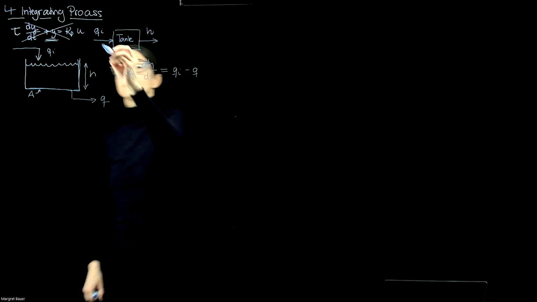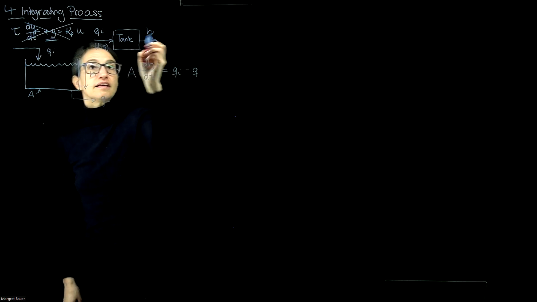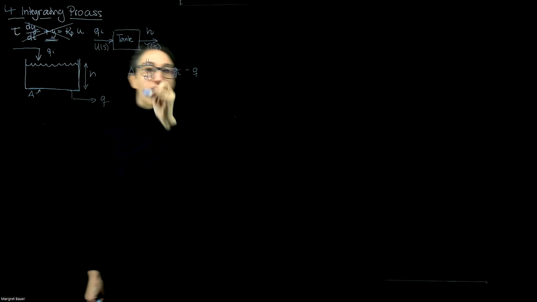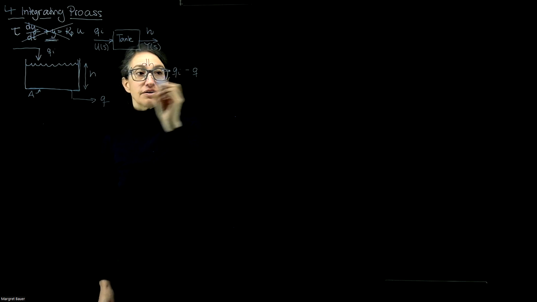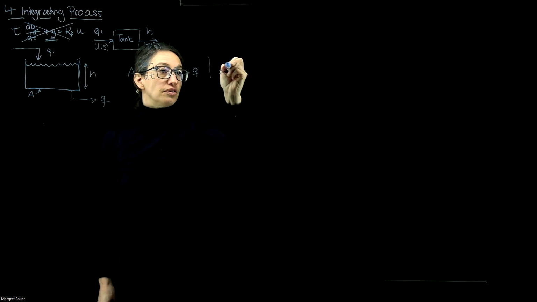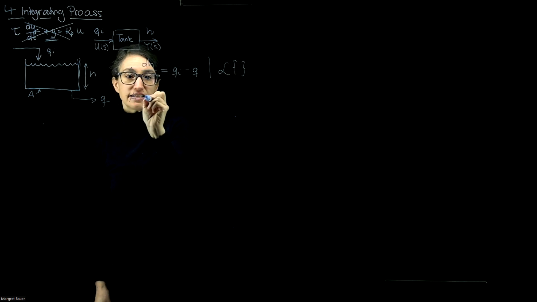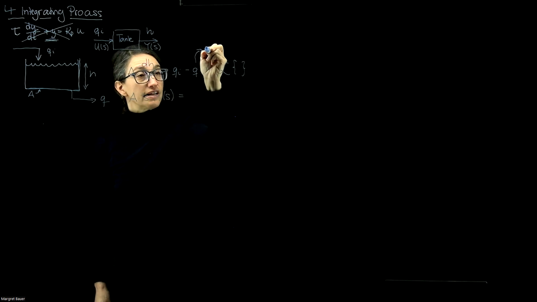So we have our input, U of s, the inflow rate, and the output, Y of s, is the height or the volume in the container. We can do the Laplace transform of this equation, and we get A times s times H of s equals, we pretend this outflow here is 0.